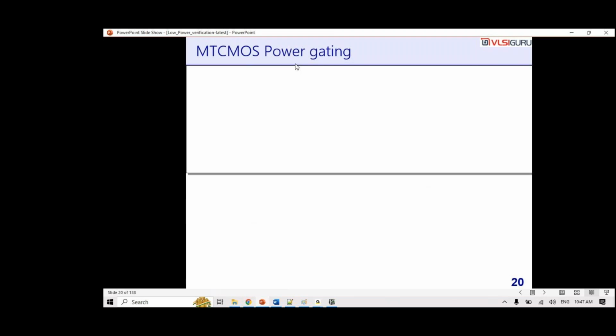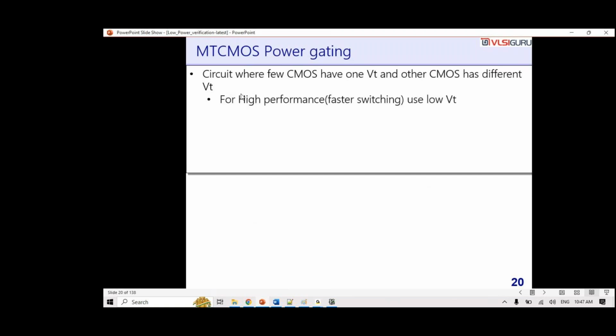Like the switches in my house, you can think of them as having high threshold voltage so that there shouldn't be any leakage from that. In the circuit, few CMOS have one threshold voltage, other CMOS have a different threshold voltage. For high performance, use low threshold voltage. To reduce the leakage current, use high threshold voltage.